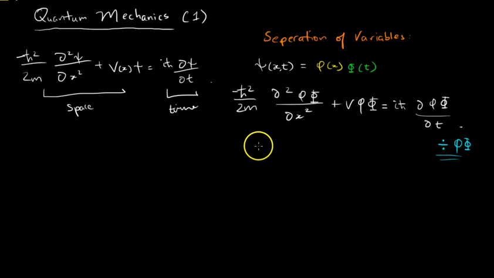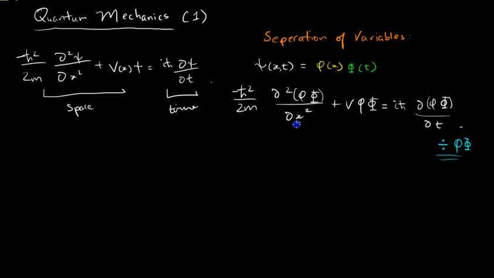Okay, sorry for that. So when we divide by phi capital Psi, let's look at our partial first. So let's just bring out the partial. This is in parentheses, remember? Right here. Okay? So d squared over dx squared.